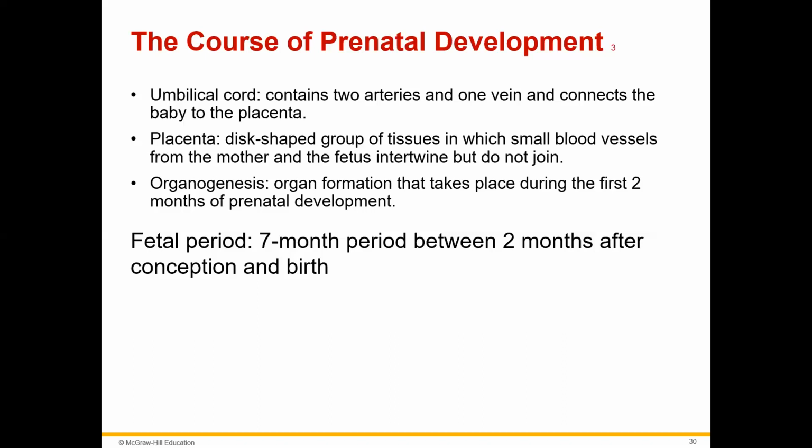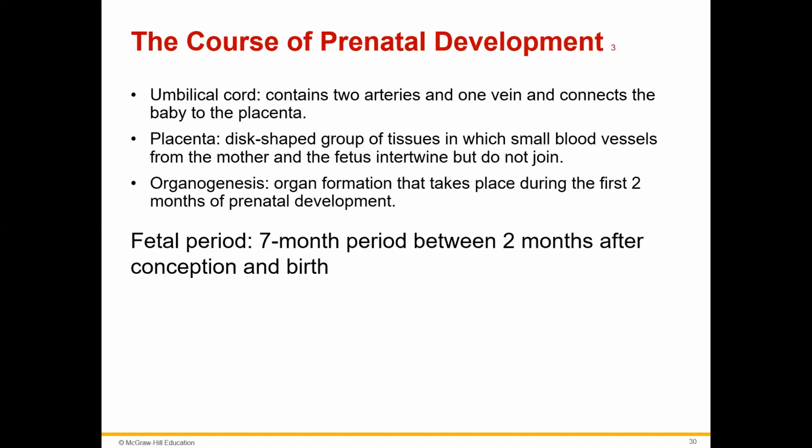While they're forming, the organs are especially vulnerable to environmental factors and influences. So this is considered the most at-risk time, this 2 to 8 week period in the embryonic period. This is when most damage gets done to the developing organism.